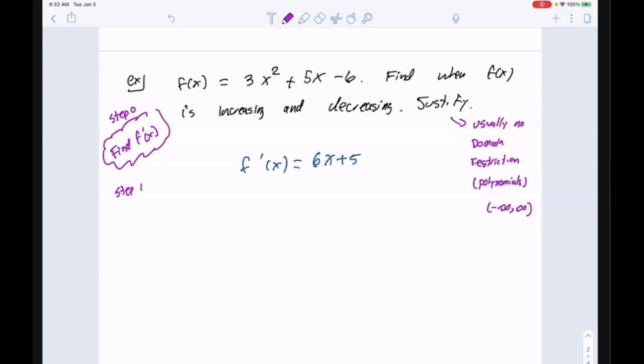Now, our goal here, step 1, would be to what? What do we do after we find the derivative? We find, and actually this is a new vocabulary word. I know you probably know the process to do. What are we going to do mathematically once we find a derivative?